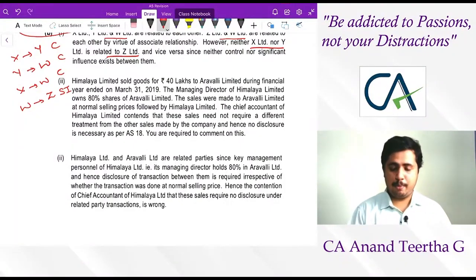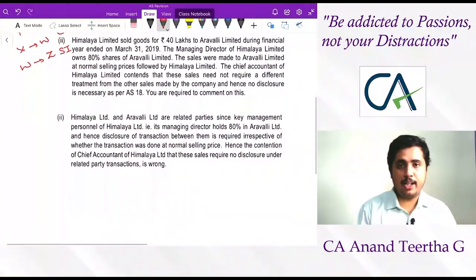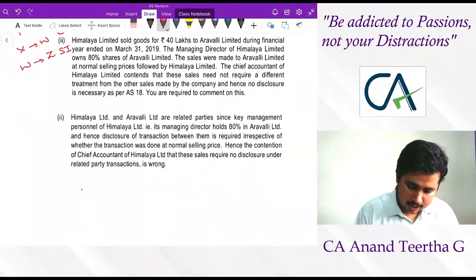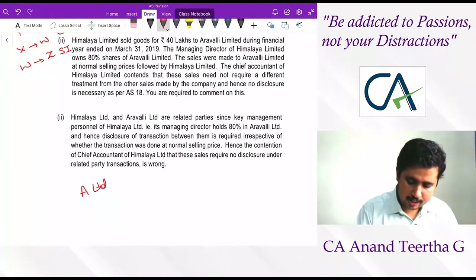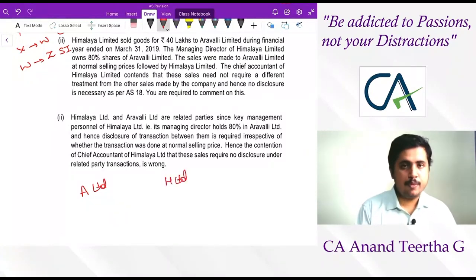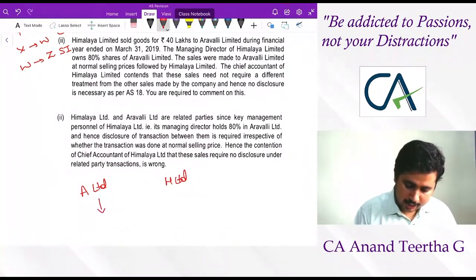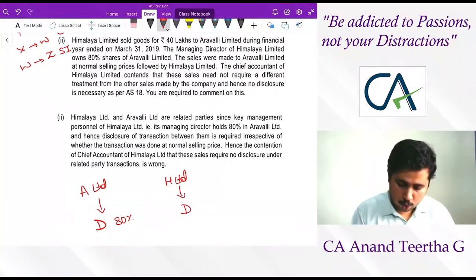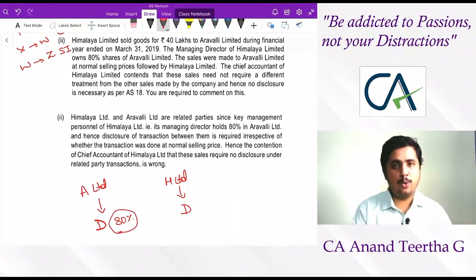Now if you remember, this is covered by point number E. Check here. There is Aravalli Limited, and there is Himalaya Limited. Now, here there is a director of H Limited who owns 80%. So, there is a control.